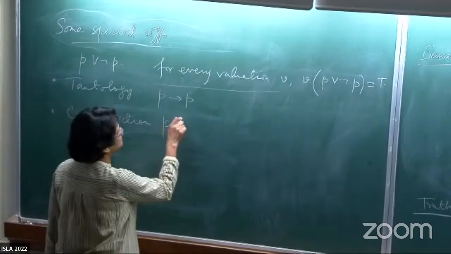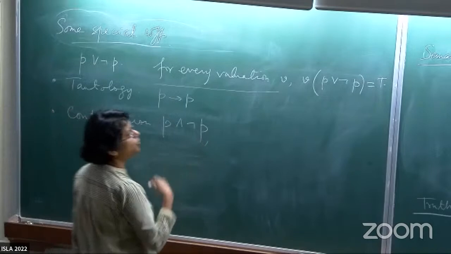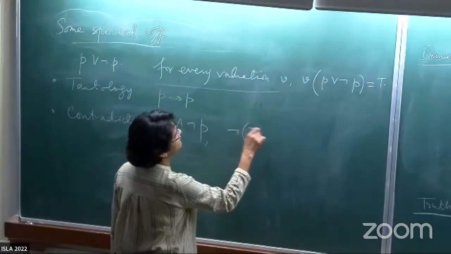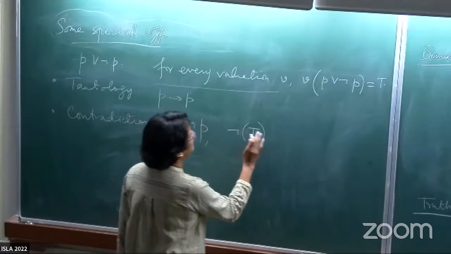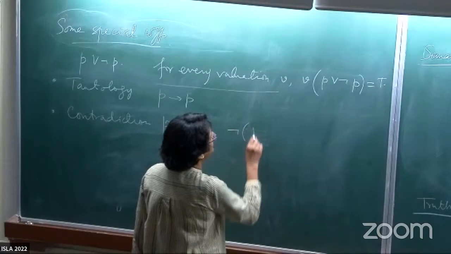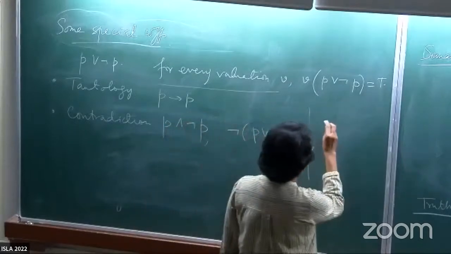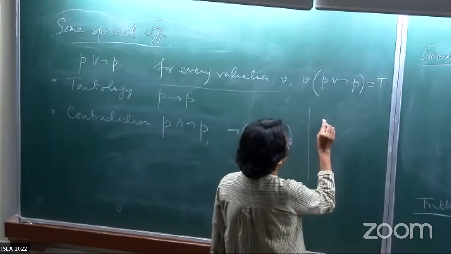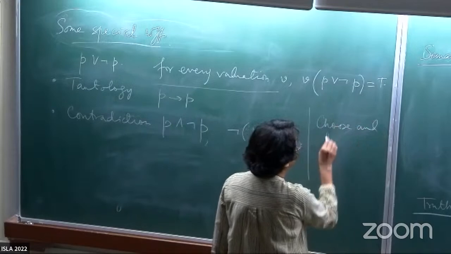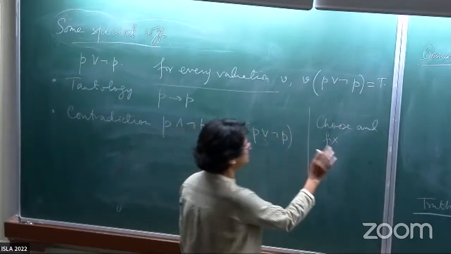The other kind. Example. Or now that we know what a tautology is, so again, let me just write it a little loosely. So for example, I write it this way, but I will be using this a little later, so might as well fix it right away. That is, you choose and fix. There can be different approaches for doing this, but let's just do it this way.